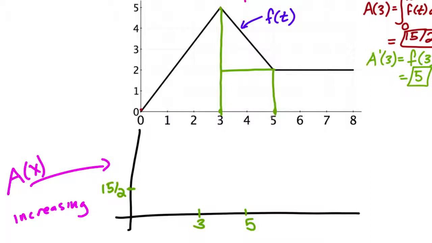So this one has an area of 4, and this one has an area of 2 times 3, which is 6 over 2, so that's 3. So this area right here is 7. So that means I'm going to go from here to here, from 3 to 5. So this is 3, it's 15 halves, or 7.5. I'm going to go another 7.